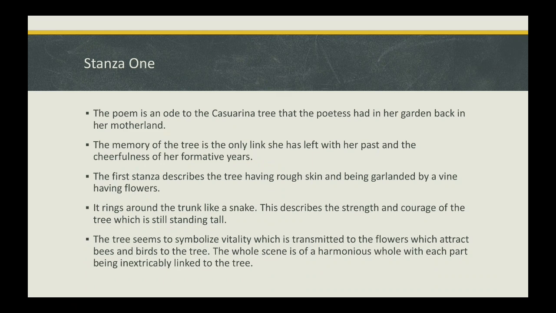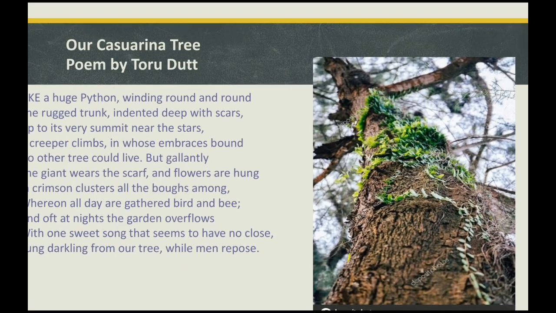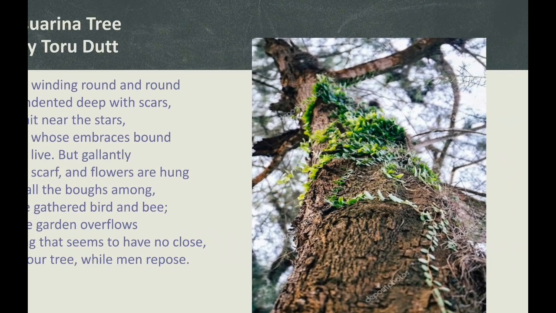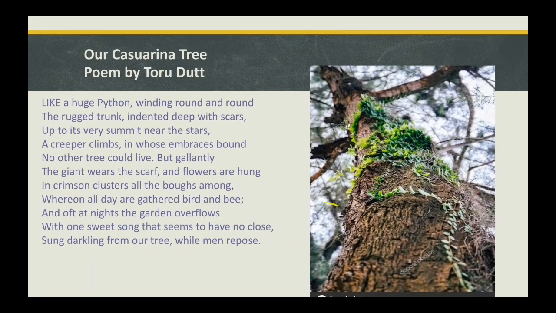The first stanza describes the tree having a rough skin and being garlanded by vines having flowers. So the outer sheath of this Casuarina tree is very rough, that you can see in the picture, and you might have seen it directly.